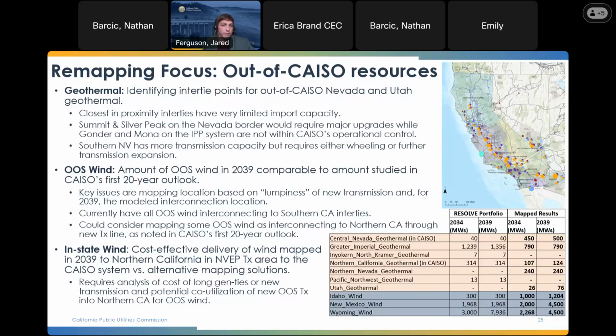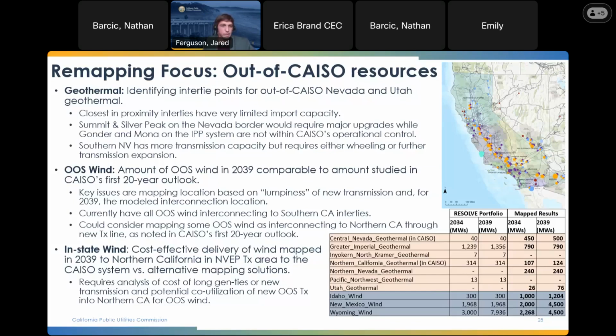In the first 20-year outlook the ISO did, they included in their analysis a potential new line from the Wyoming area that would interconnect into Northern California. So that's something we are continuing to look at during this remapping process.